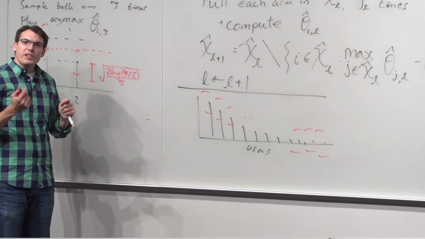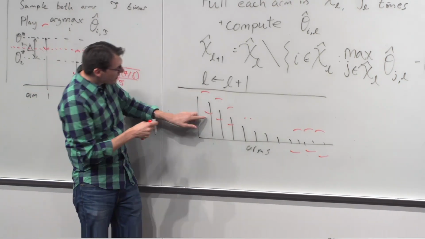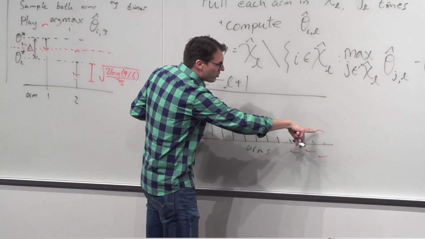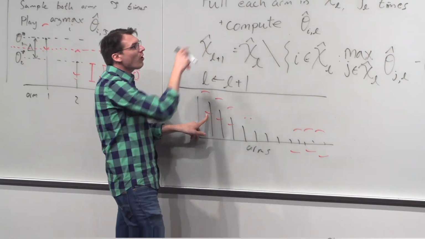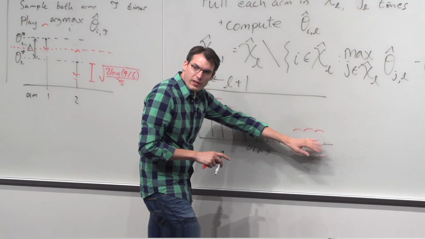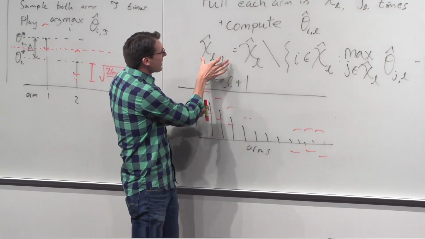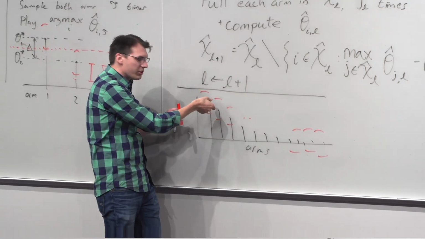But the main point here is that on this best arm, we know that its mean is at least this big. But this guy's mean is no bigger than this. And so with just this small value of tau, we can start to throw out these arms and then only allocate samples. As this algorithm progresses, x hat L will hopefully only contain these arms with larger means that are closer together.